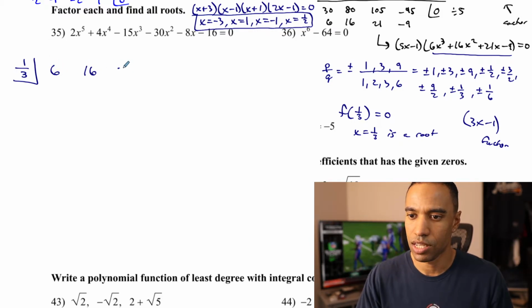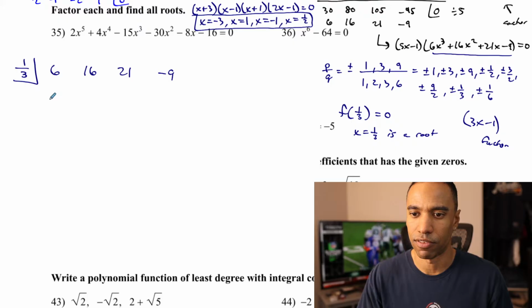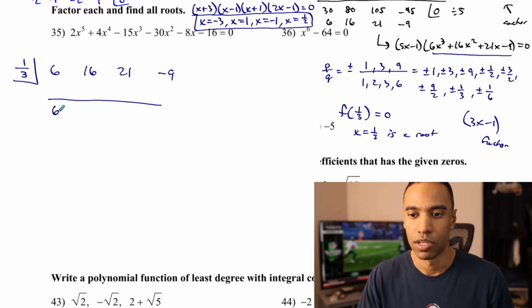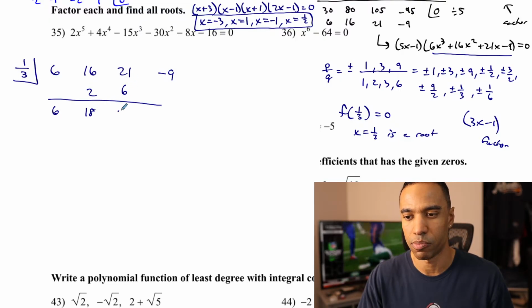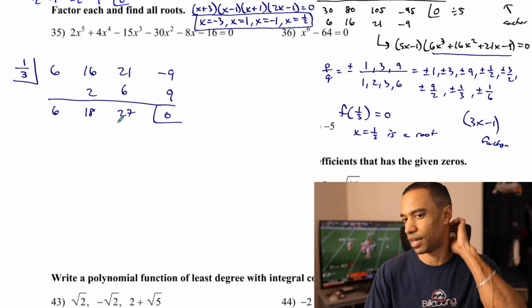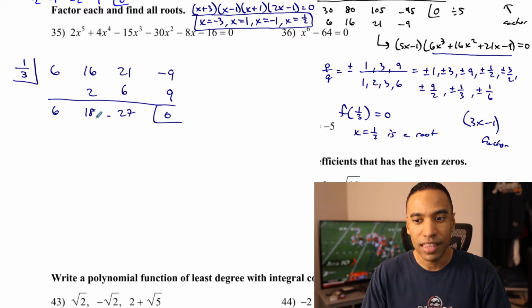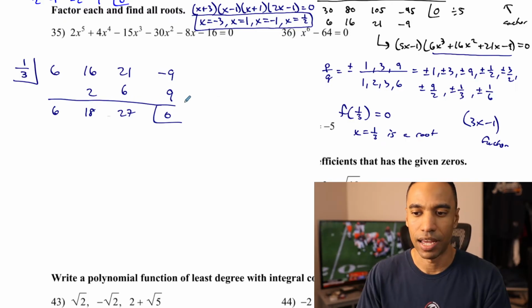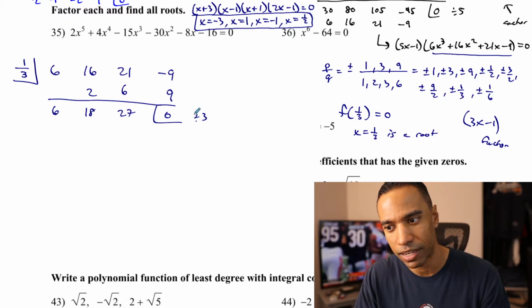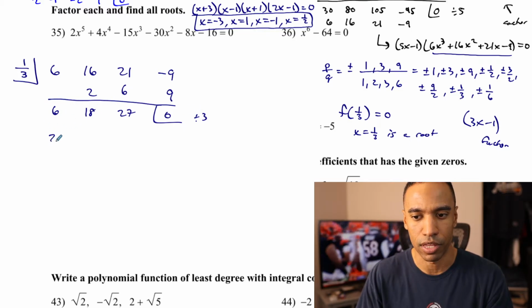6, 16, 21, -9. We're going to divide those numbers by 3 when we add, right? So 6 divided by 3 is 2, plus that is 18, divided by 3 is 6, plus that is 27, divided by 3 is 9, and 0 is that guy right there. Now I'm going to divide these by 3 because I only have 1/3 as that root, and I multiply everything by 3 to put in the factor, so I have to divide everything by 3 for this factor here.